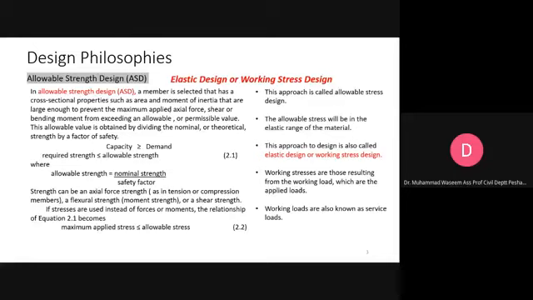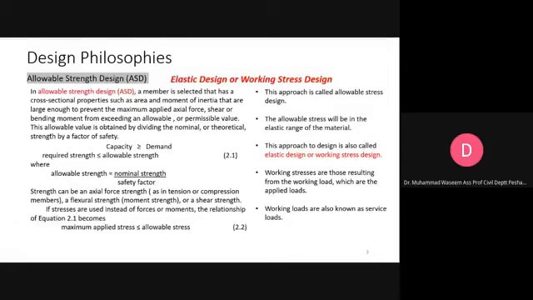These stresses have to be resisted by the member, and it resists them through its cross-sectional dimensions and material properties. In ASD, we select such a large cross-sectional area that the effects produced by the axial, shear, and bending loads remain within the permissible value, and we consider the permissible value to be the elastic range.